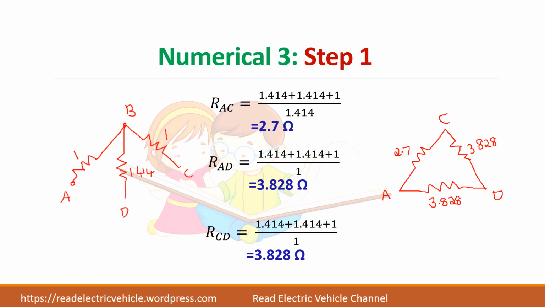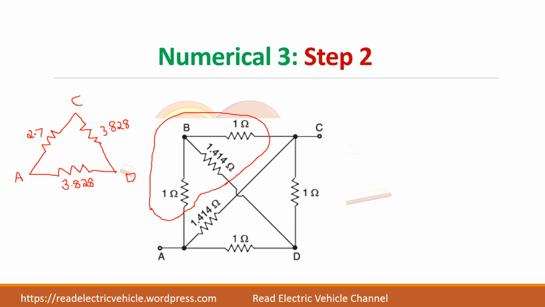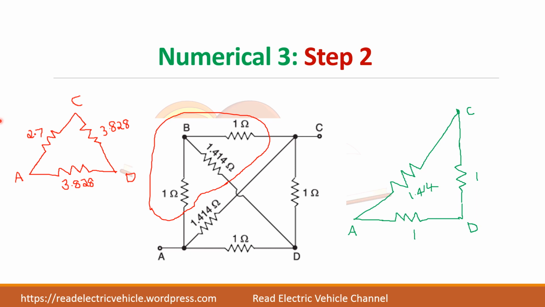Let us substitute in the original circuit. Now we have eliminated B, and you have A, C and D alone. Already you have between AD 1 ohm, DC 1 ohm, and this diagonal AC is 1.414.